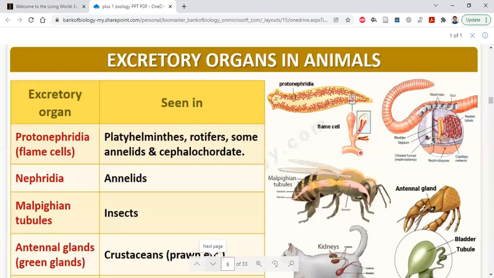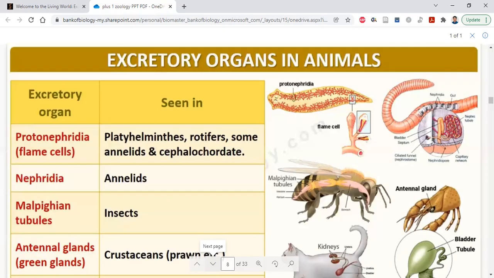If you consider arthropoda, the class Insecta and class Crustacea are uricotelic; Malpighian tubules and antennary glands serve this purpose. The class Arachnida usually has coxal glands, as in spiders and scorpions.